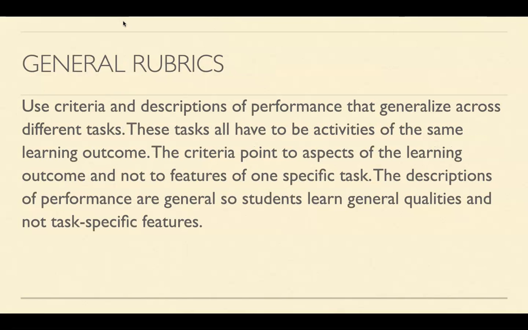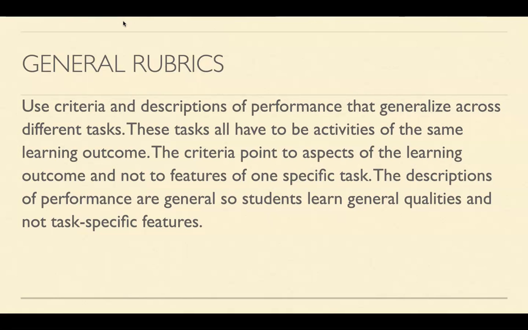General rubrics are the main type of rubric that we want to use for most assignments because they help students learn. General rubrics use criteria and descriptions of performance, which we've talked about in detail, that generalize across different tasks. That's why they're called general rubrics. These tasks all have to be activities of the same learning outcome.